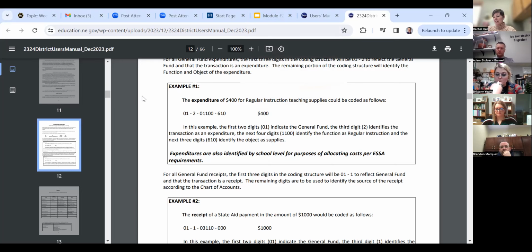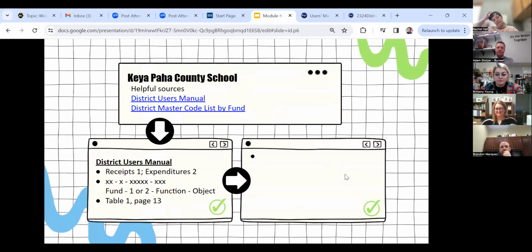We can go back to the slides. And like I said, that's all kind of right there for you. They talked about, listen, sometimes we don't have things coded. Talk to the superintendent or NDE. She said, I've called NDE, or she also has called local bookkeepers.